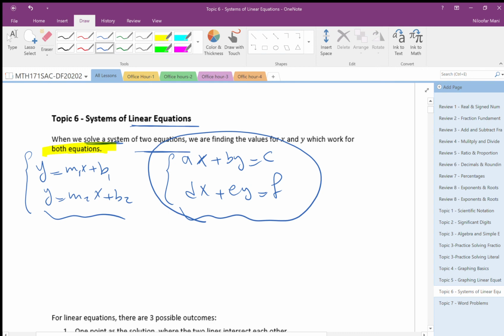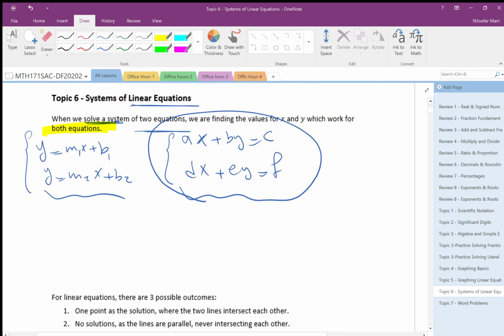So when I solve it, for example I say the answer is x1 and y1. When I substitute in the first equation, this is equation 1 and this is equation 2, for both equations I see the left side equals the right side.